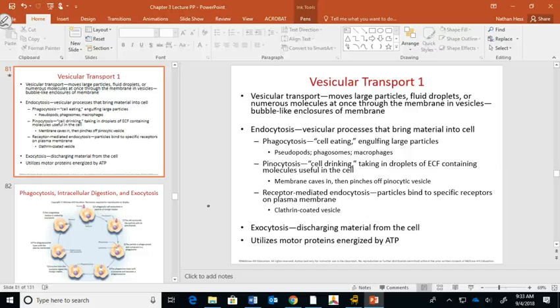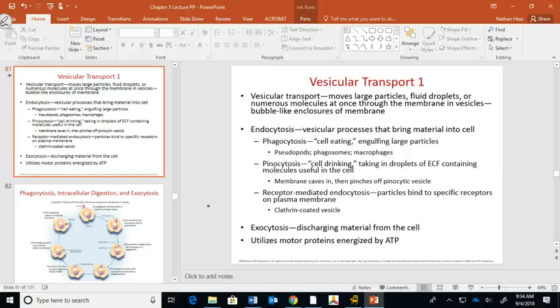And there's three that I want you to know of ways we move things. First, we have endocytosis. Endo means inside, right? So this is a way of bringing processed materials into the cell. And there's two of them. It's phagocytosis, which is cell eating. We're actually getting solid particles and bringing them in.